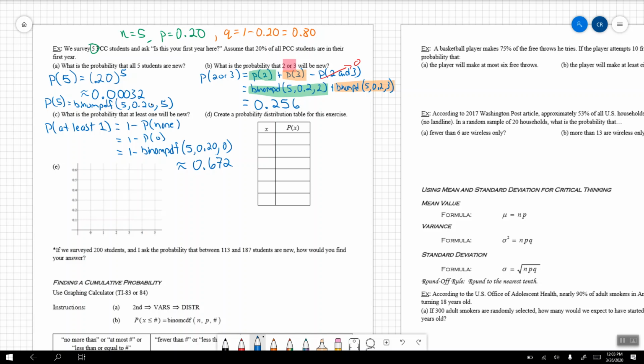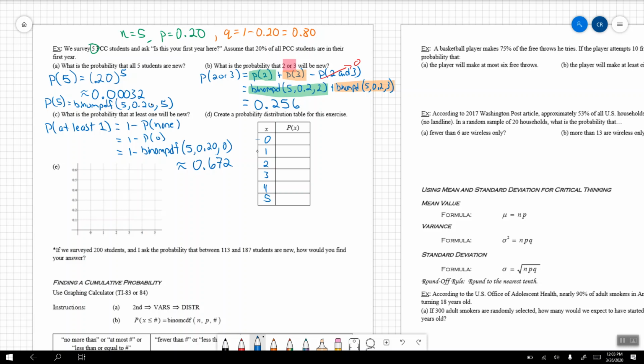X is 0, x is 1, x is 2, x is 3, x is 4, and finally x is 5. And these x variables represent the number of students that are selected within that survey. So if we select 5 students, could we have a probability that none of them are first years? Yeah.